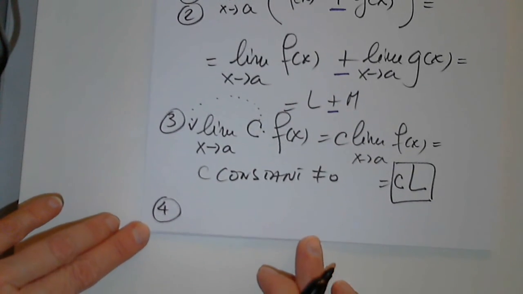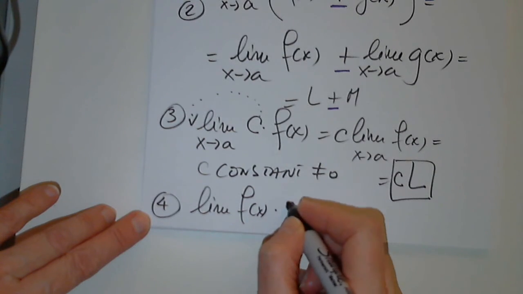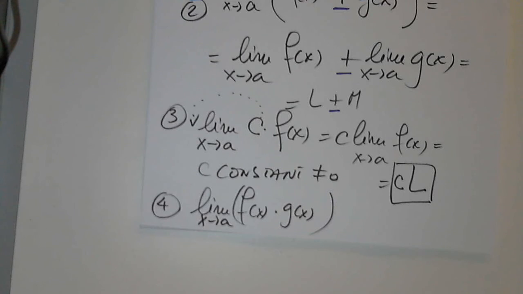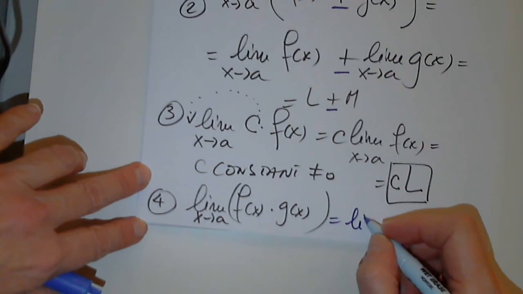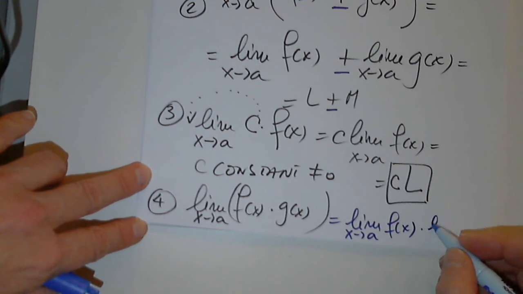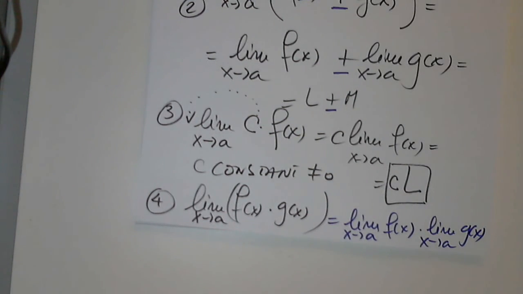Number 4. The limit of f of x multiplied by g of x as x approaches a from either side. What do you think this will equal to? Common sense, right? The product of limits. So this will be the limit as x approaches a of f of x, of course, multiplied by the limit of g of x as x approaches a from either side.